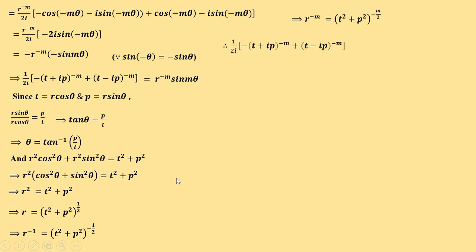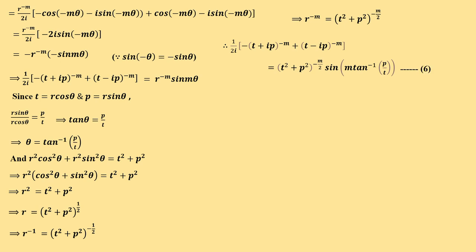The (1/2i)[(t + ip)^(-m) - (t - ip)^(-m)] is equal to r power minus m sin mθ. So we are replacing r power minus m by (t square plus p square) power minus m by 2, and sin mθ is replaced by sin of m into tan inverse of p by t.